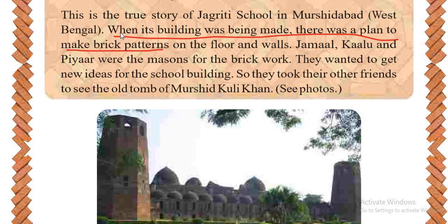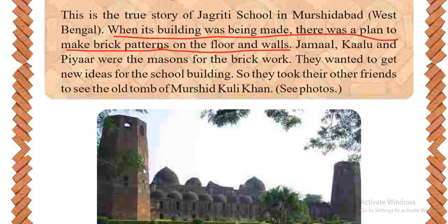Now reading the lessons. Number 1, when the building was being made, there was a plan to make brick patterns on the floor and walls. So the building has brick patterns, different brick patterns, on floor and walls.